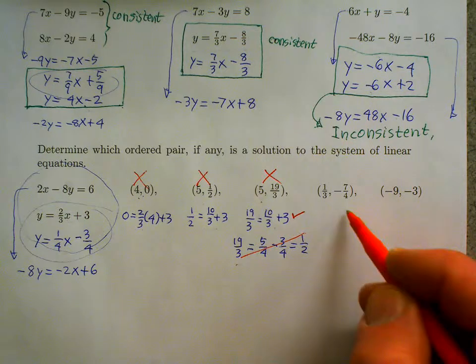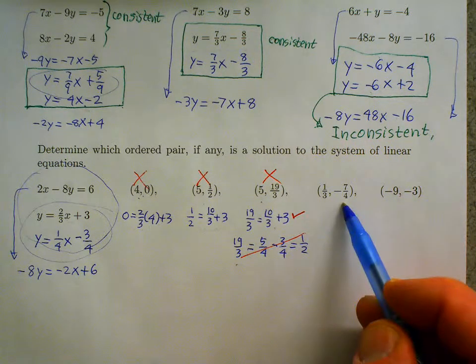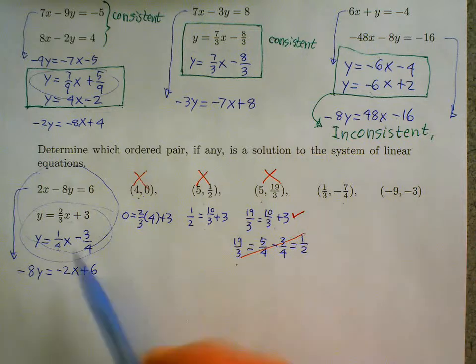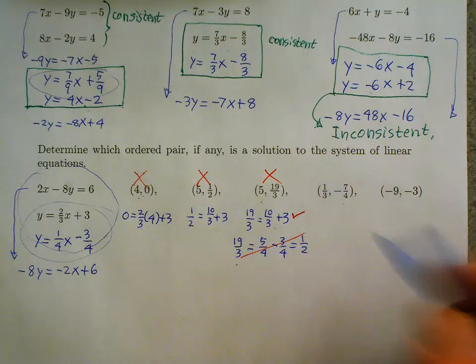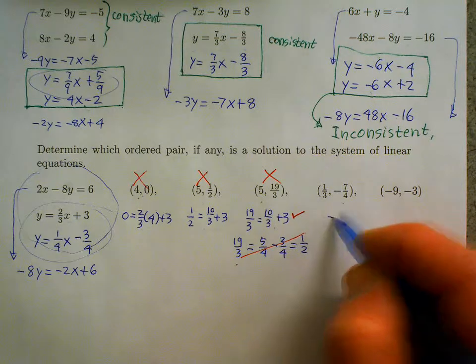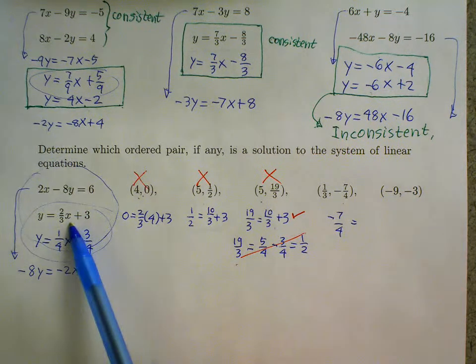Okay, the next ordered pair, 1/3, -7/4. So in this equation, y equals 2/3 x plus 3. Replace y with -7/4, and replace x with 1/3.